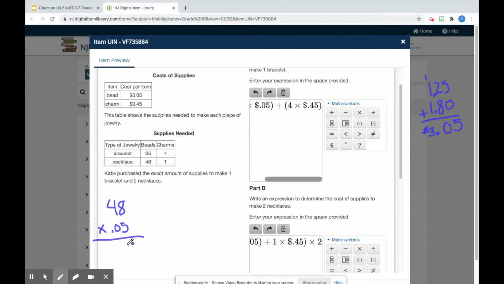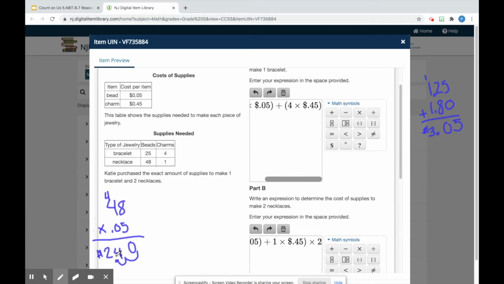So 8 times 5 is 40, my 0 and my 4. 5 times 4 is 20 plus 4 is 24. Remember, once again, if there are 2 spaces to the right of the decimal in the problem, I need to make sure the same happens in my product. And so my total for one necklace is $2.40.